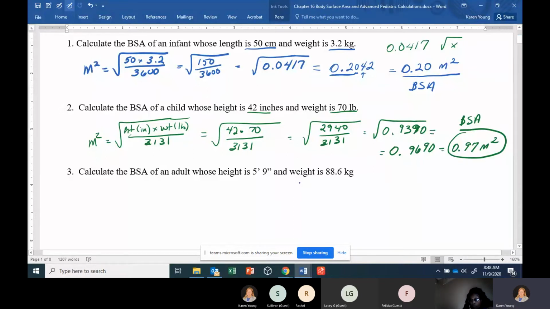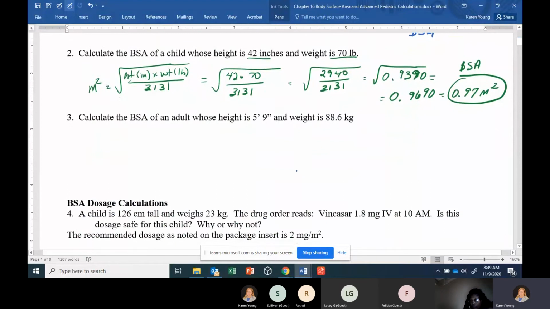All right. So let's look at 3, and I'm going to get you started on it, and then I'm going to let y'all finish it. But I've got a height of 5 feet 9 inches and a weight of 86.6 kilograms. So I've got to convert the 5 feet 9 inches to inches, and the 86.6 kilograms has to be converted to pounds.